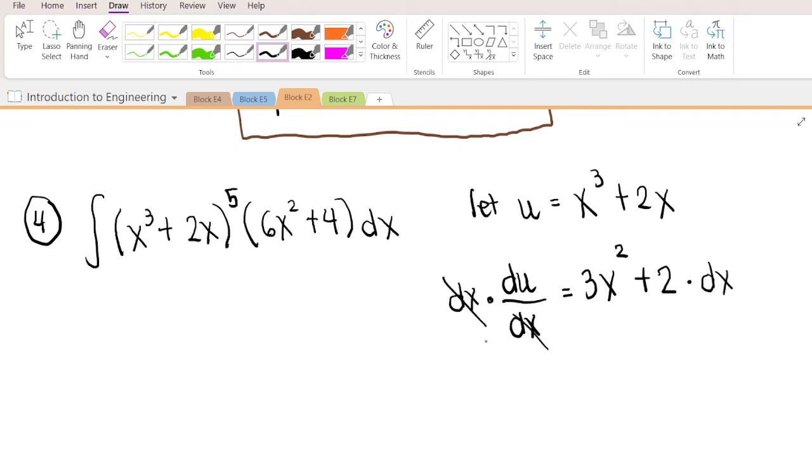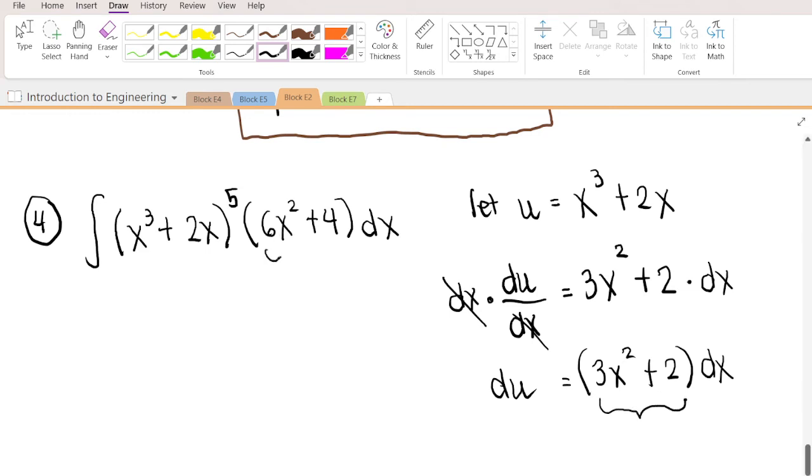So cancel, cancel. We have du equals, again, make sure to write parentheses to avoid confusion, 3x squared plus 2. But what we have in the easy-looking expression is 6x squared plus 4.